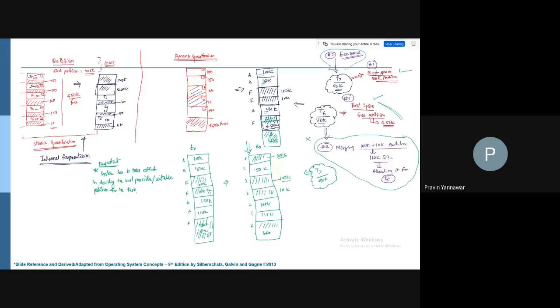So the system has to take an effort in deciding the best suitable partition for the task, right? So this is the major challenge that we are going to have.